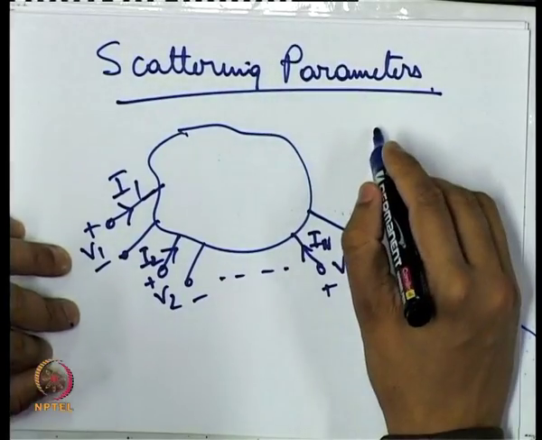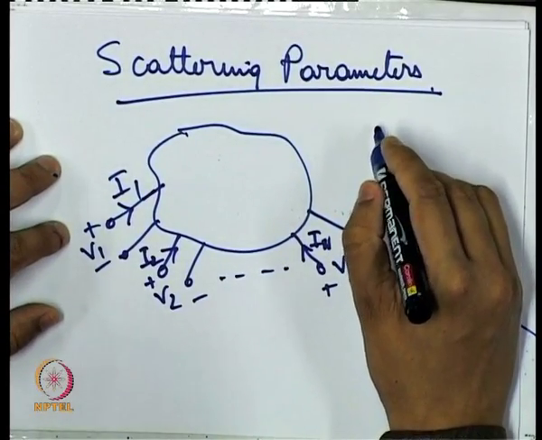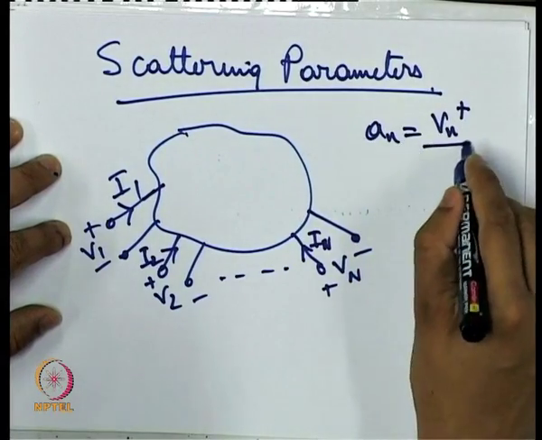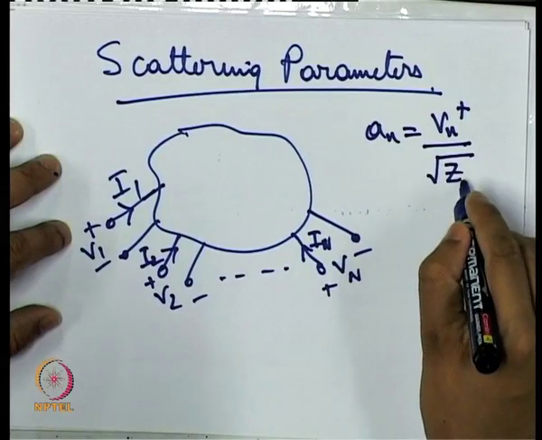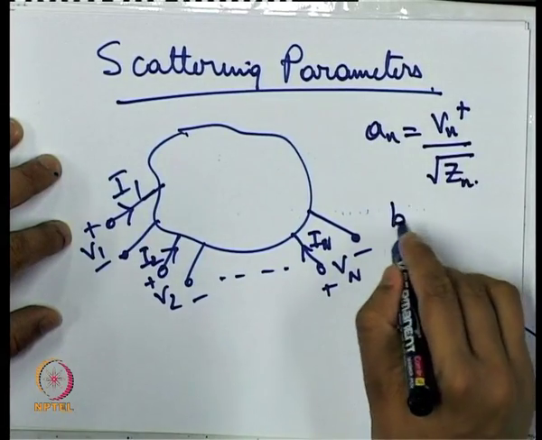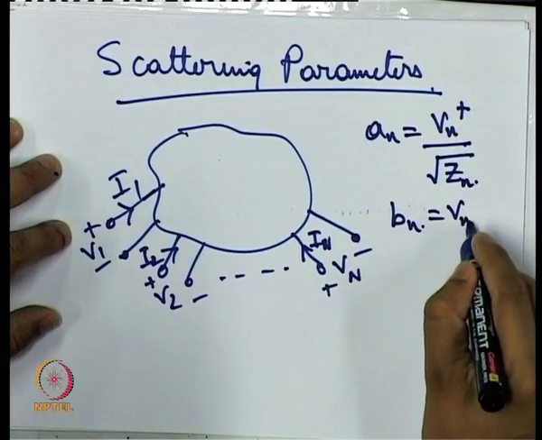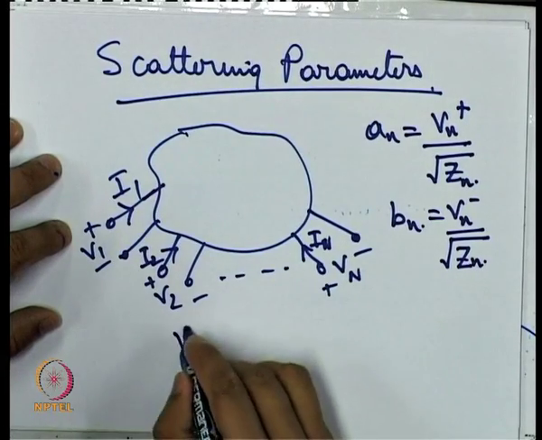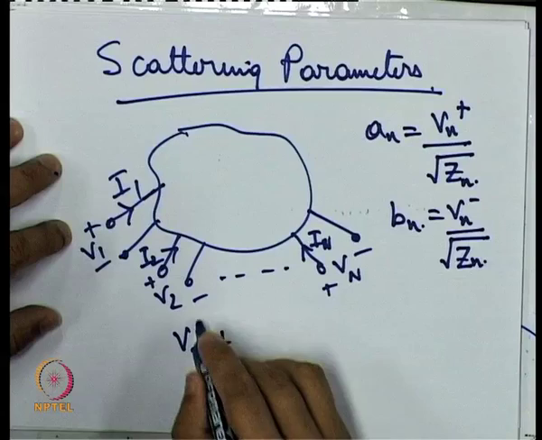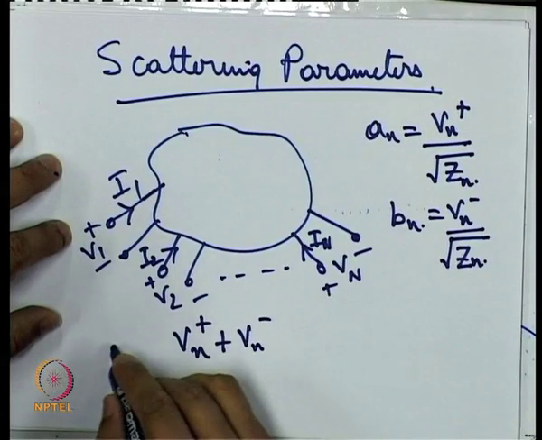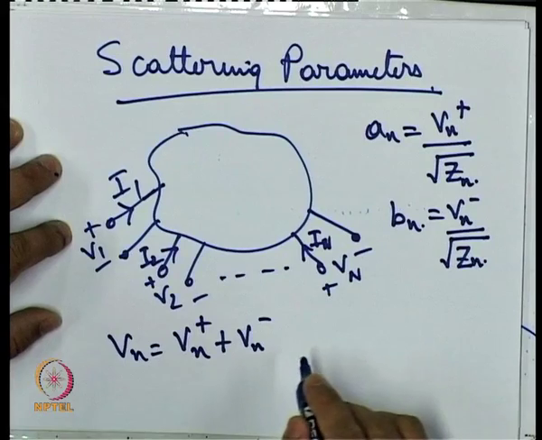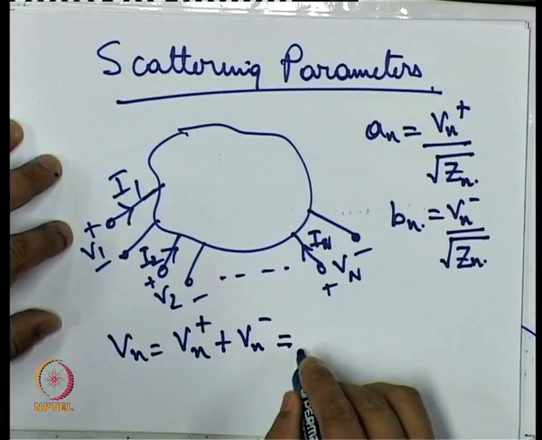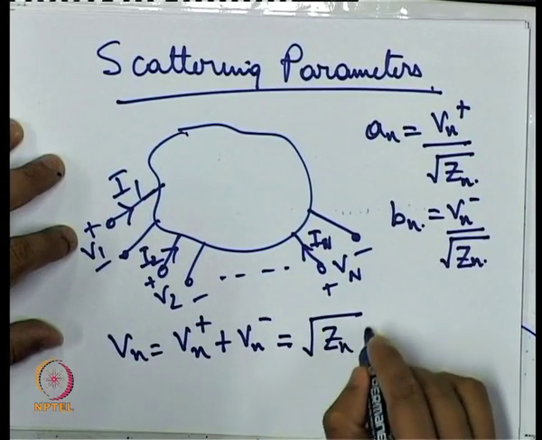Now, we also know that the normalized voltages or currents at the various ports are given in terms of the incident and reflected voltages as follows, where Vn plus and Vn minus, the sum of them, is equal to the total voltage at the port, and this we can also write in terms of An and Bn.